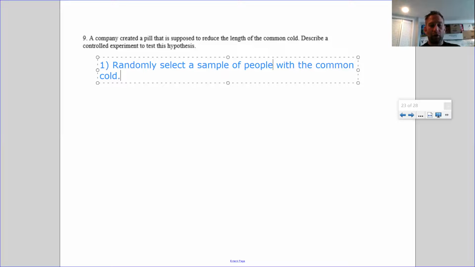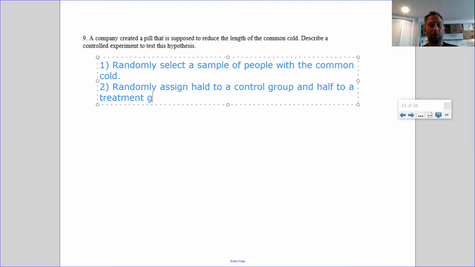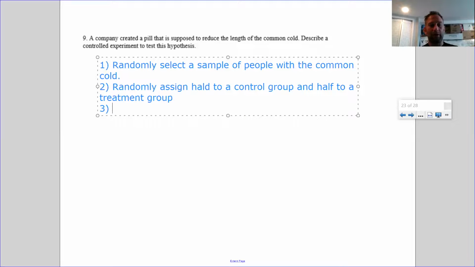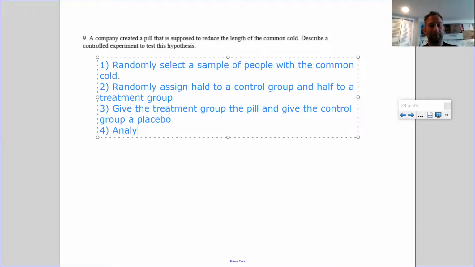Then I'm going to randomly assign half to a control group and half to a treatment group. I'm going to give the treatment group the pill and give the control group a placebo, and then I'm going to analyze the data.